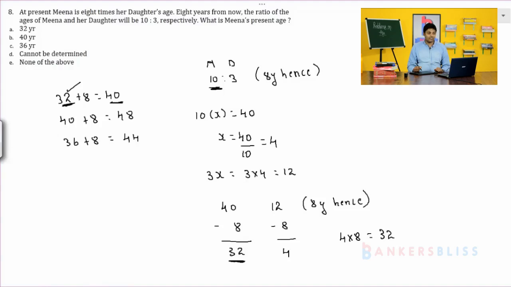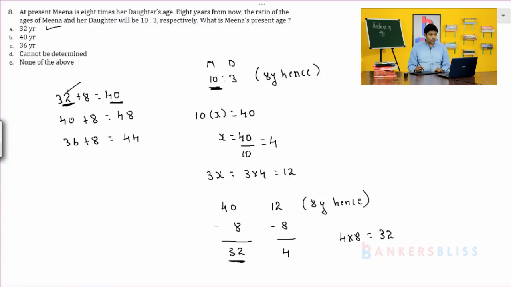Whatever method we have discussed now is the feasible one. So go with this type of methodology instead of solving each and every problem through the general method. Obviously, the general method will take too much time. So option A, 32 years, is the right answer.